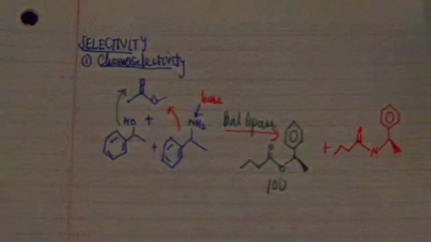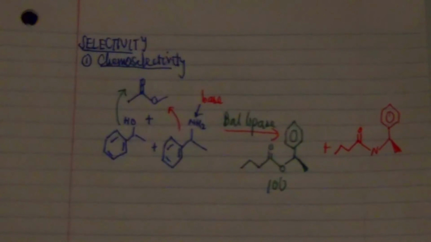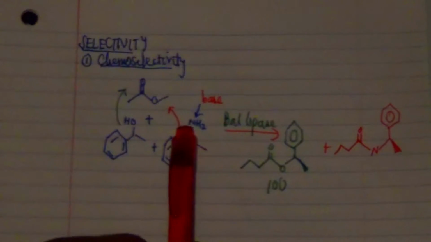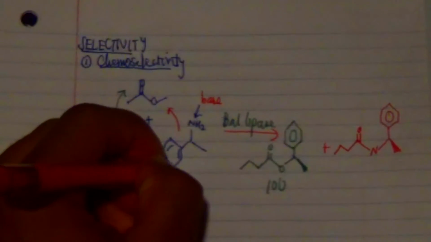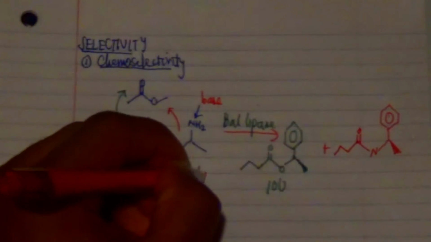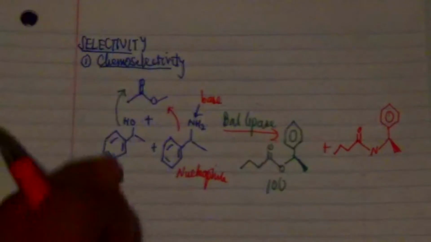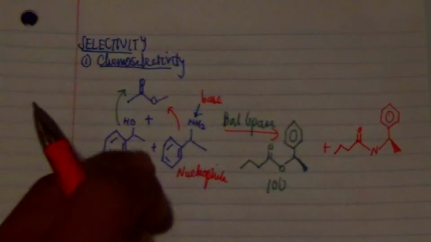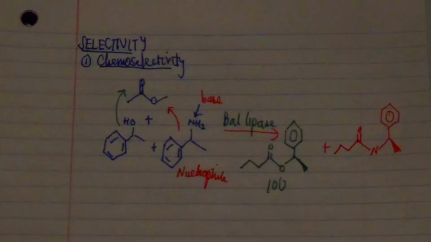So that is for the chemoselectivity. And taking note about this, the reason why this is much more basic is because it's much more nucleophilic, because that would be a better way to explain why in nature you most likely go through here. However, in the presence of the enzyme, you go through this particular part over here.